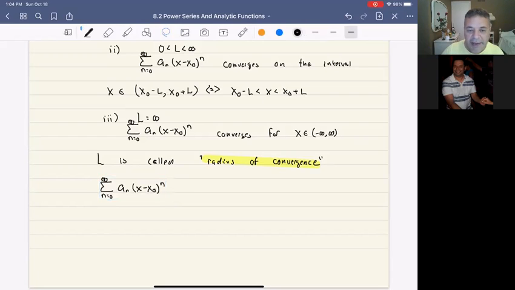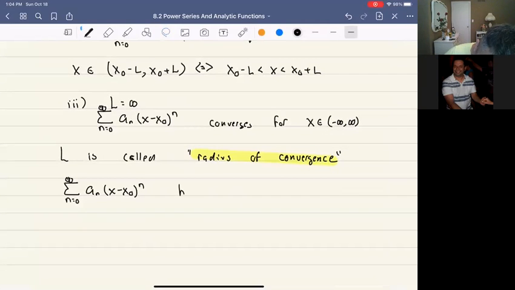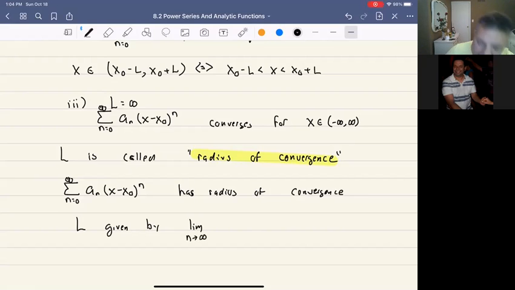Okay, so it has radius of convergence, and the radius of convergence is given by the limit as n goes to infinity of the absolute value of a sub n over a sub n plus 1.